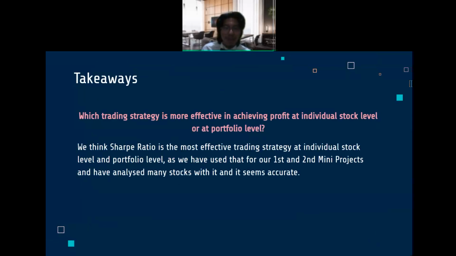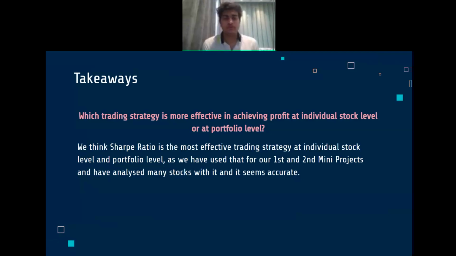And here are some takeaways from our results. Vedant, go ahead. So we think Sharpe ratio was the most effective trading strategy out of all, since we used that in our first and second mini project, and we actually did research based on this.